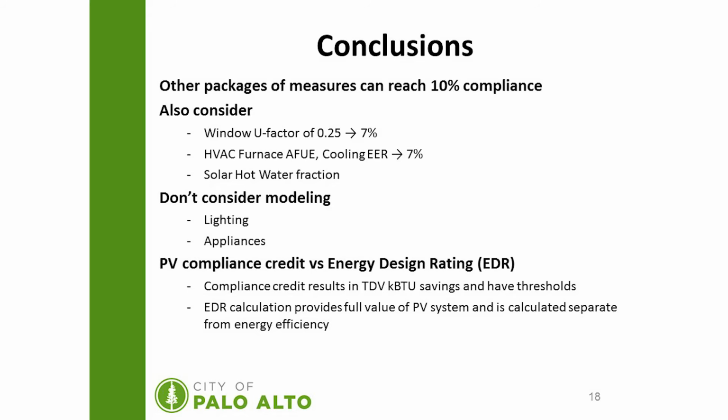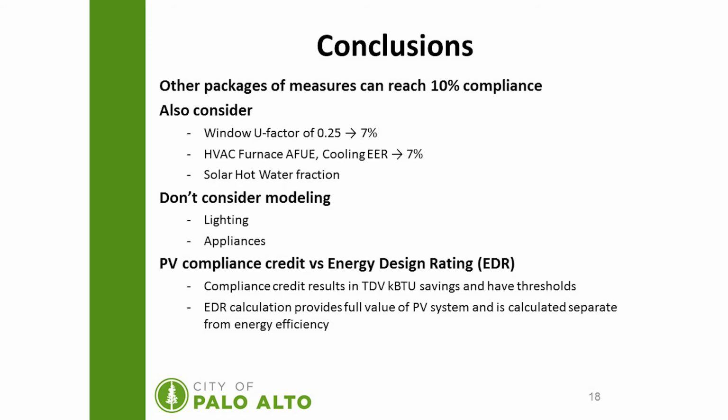You might also want to consider changing some of your envelope features, such as your window U-factor. When that is changed to 0.25, we receive a 7% compliance margin, which is more than halfway to the 10%. You can also look at increasing the efficiency of some of your heating and cooling systems. When we increased the furnace efficiency and the air conditioning efficiency, we also achieved a 7% compliance margin.